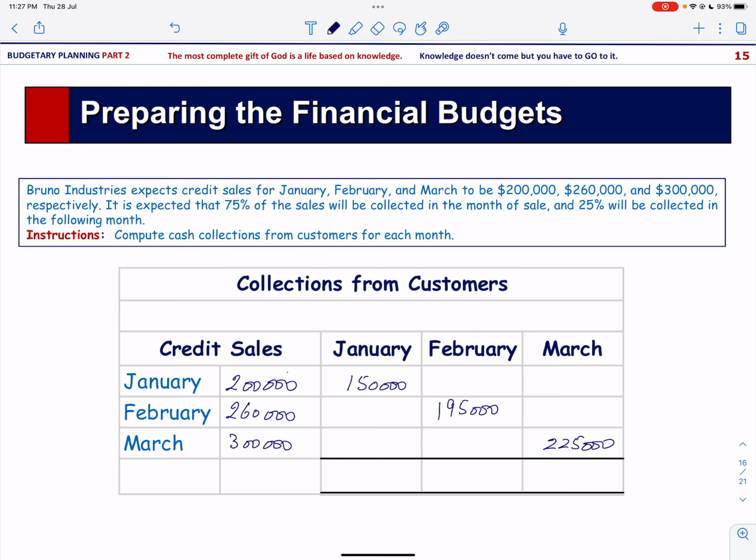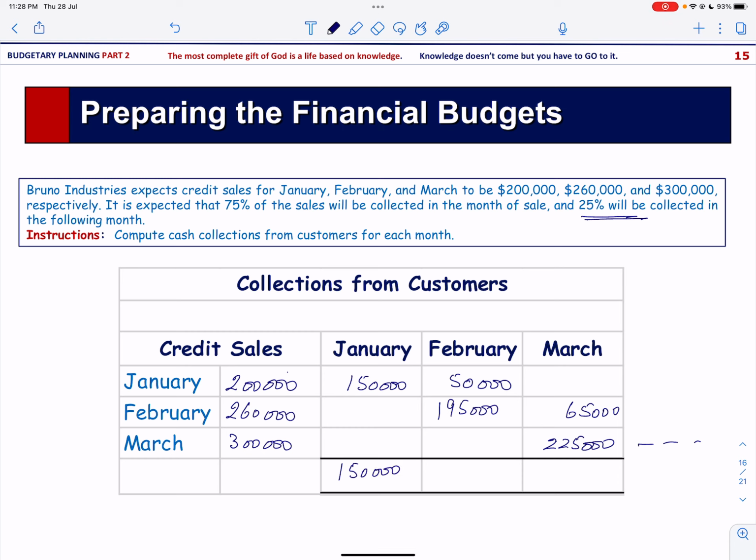Then 25% is to be collected in the following month. So 25% of 200,000 will be 50,000. 25% of 260,000 will be 65,000, and obviously we have to prepare it for 3 months, so we are not going to go for the remaining 25%. And the total collection for January is 150,000.